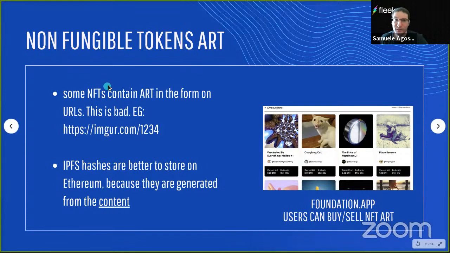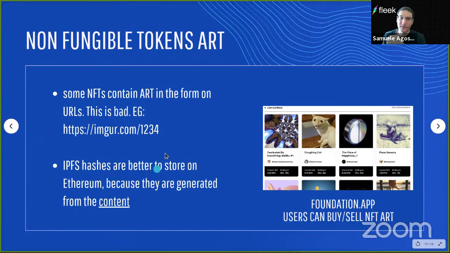But let's go back to this. So the NFTs, very often, they contain a piece of artwork, like an image or a video or a GIF. And this link generally is put in a URL, and then this URL is written down in the Ethereum blockchain. But the problem is that using a URL is bad.